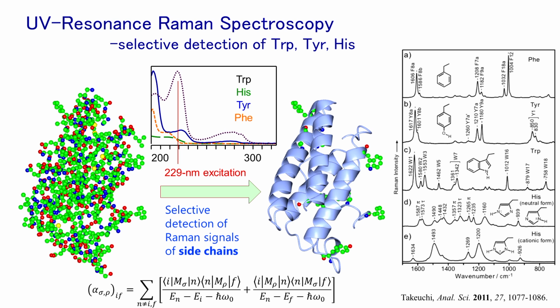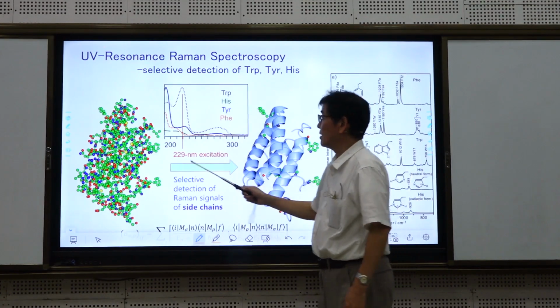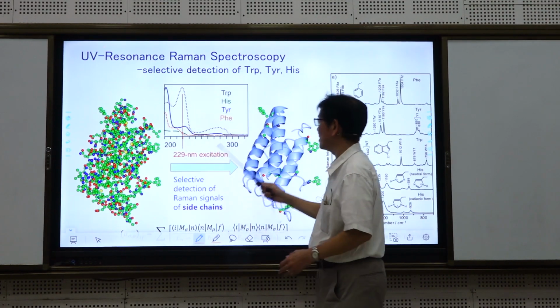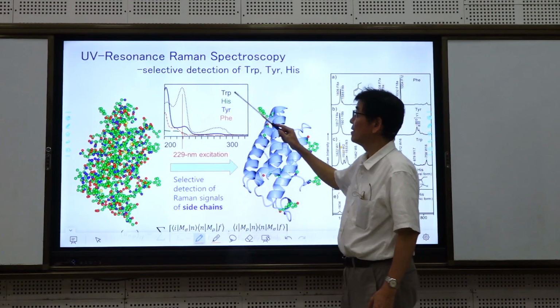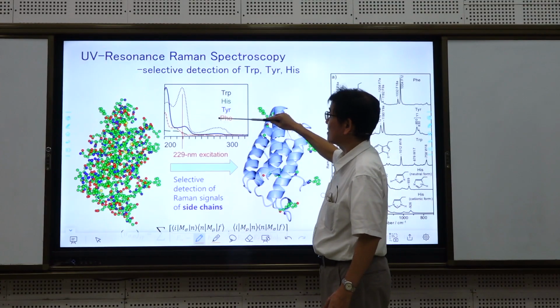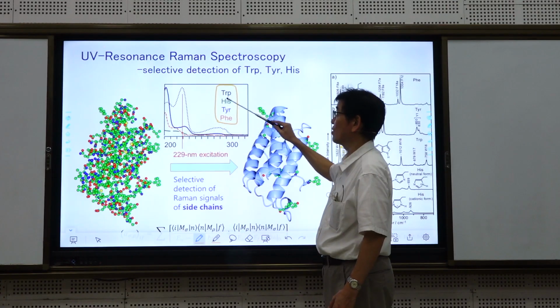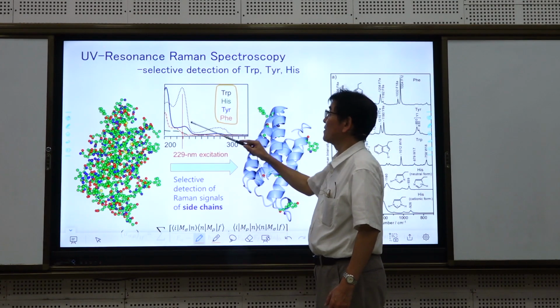Okay, this is the protein structure, and it consists of many atoms. And we can separate it into main chain and side chain. And here is the UV visible absorption spectrum of tryptophan, histidine, tyrosine, phenylalanine.